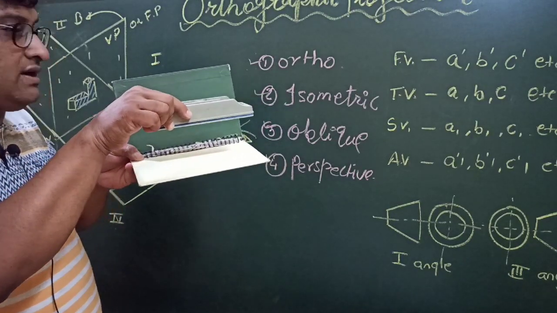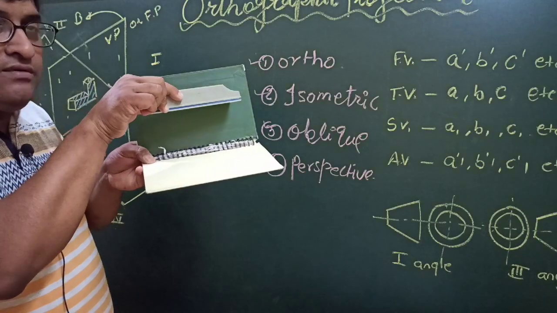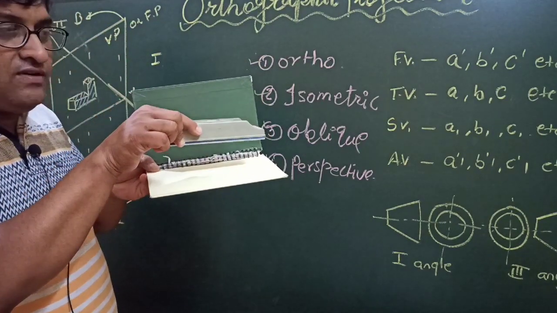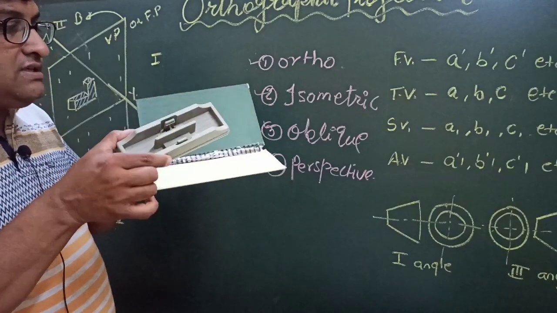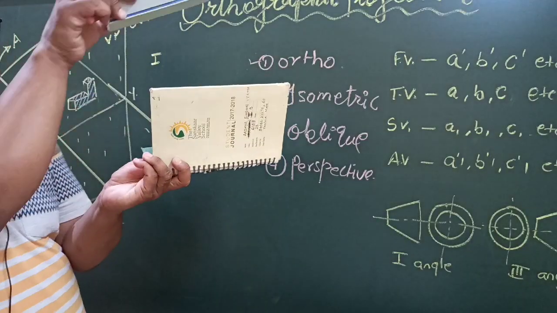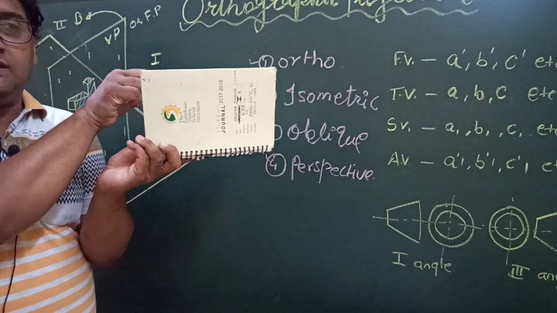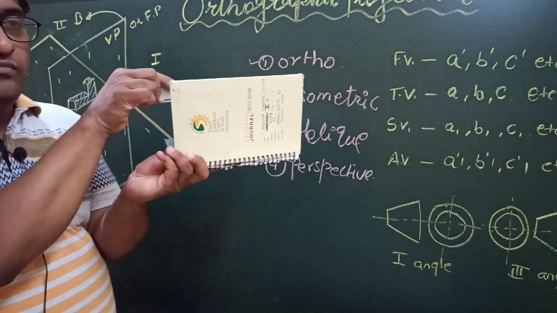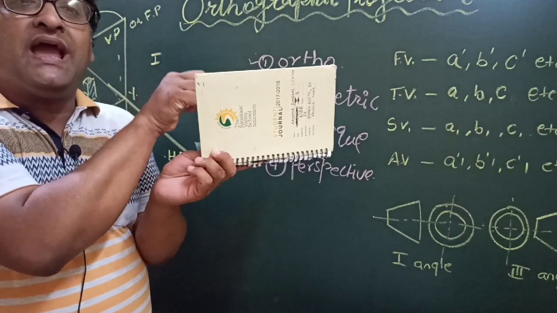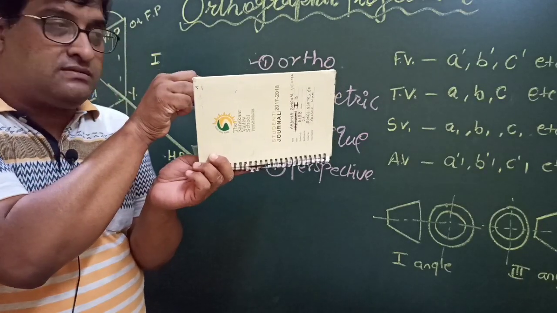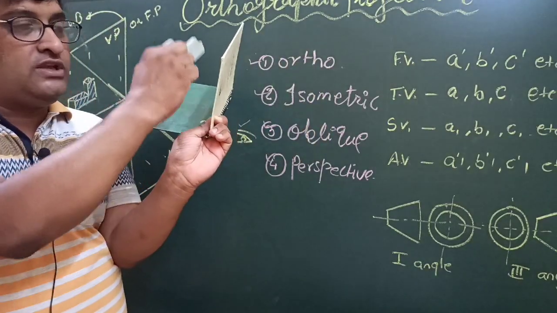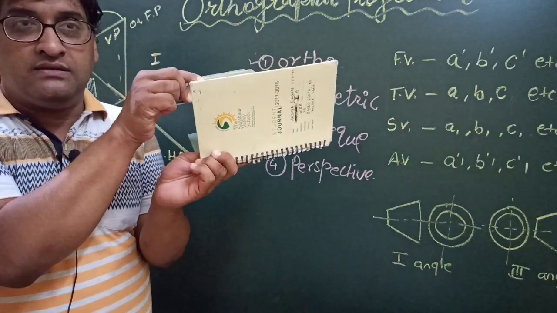So in the first quadrant the object is in between the vertical plane and the observer, right? So this is the first position. In the second position, the object is like this, in this quadrant. So the object is behind VP and above HP, right?